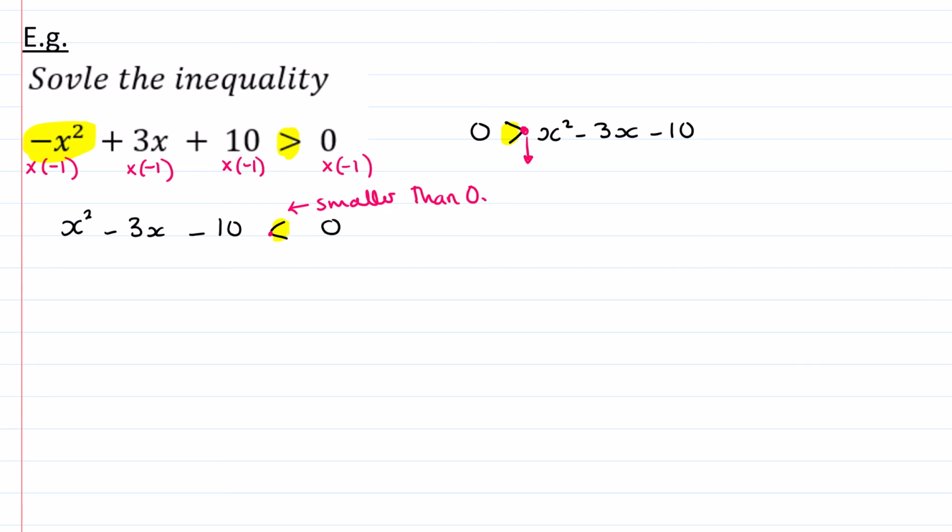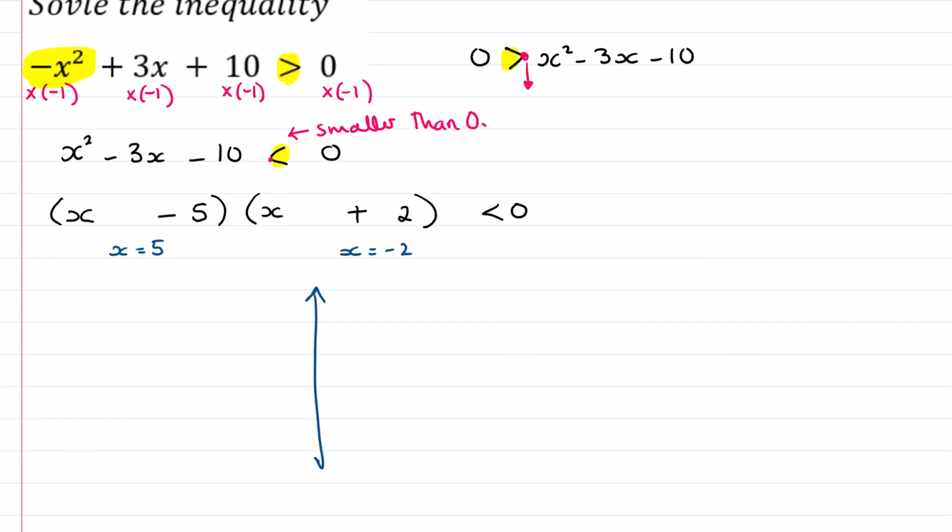And we do the same. We factorize: x times x, 5 and 2, minus 5 plus 2. So we get x equals 5 and x equals negative 2 for our critical values.